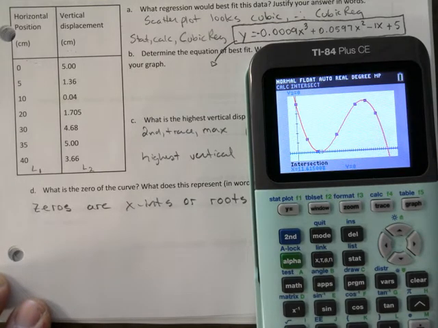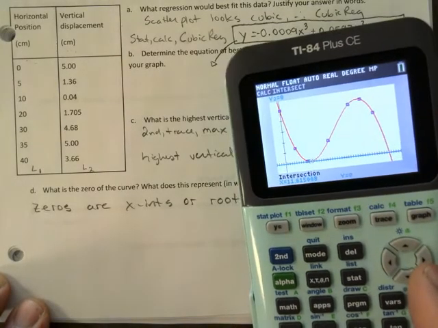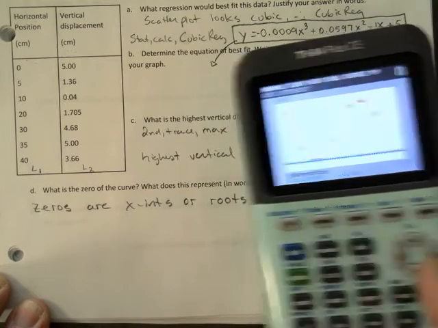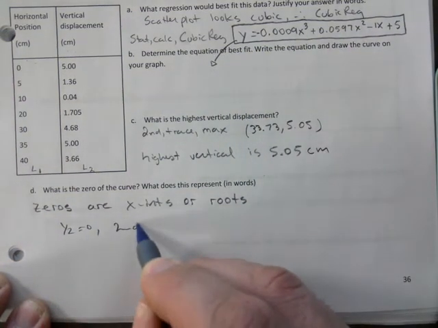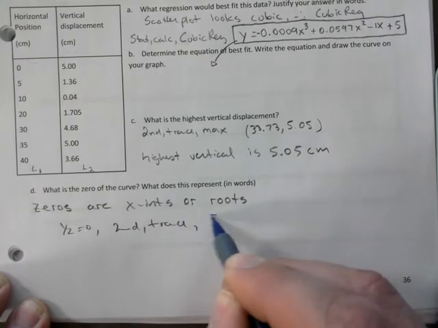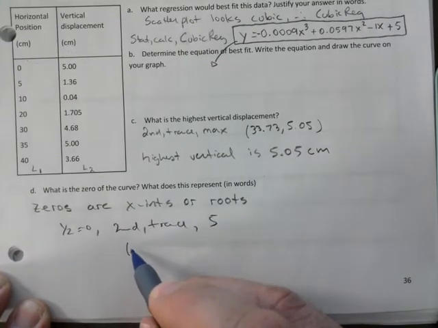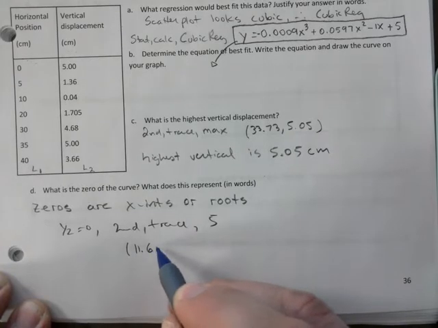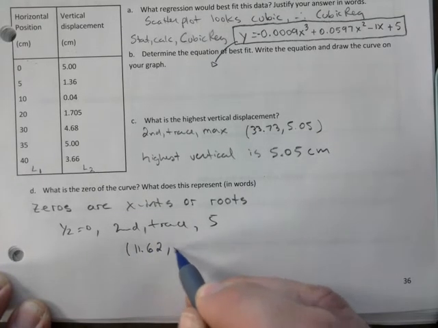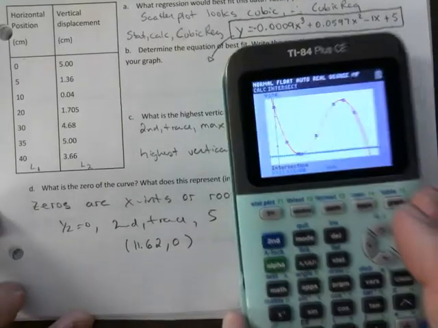There is one. 11.620. So y2 is equal to 0. This is how you find it, right? And it's 11.620. And let's find the other one as well.